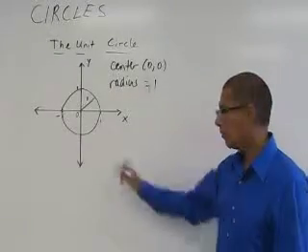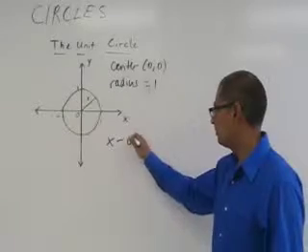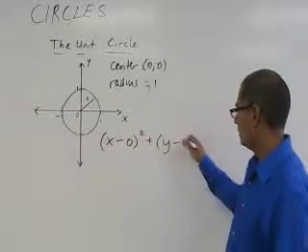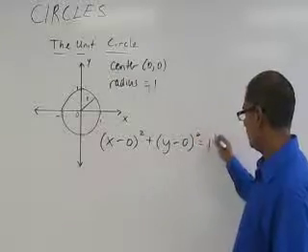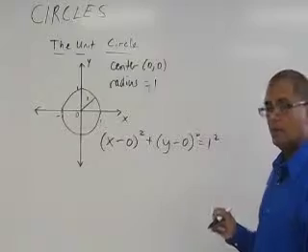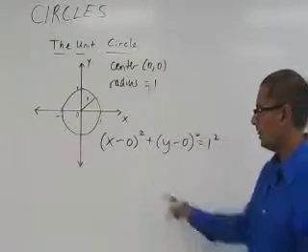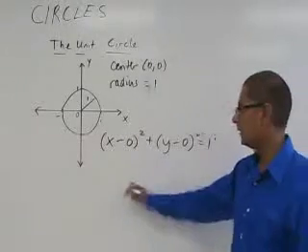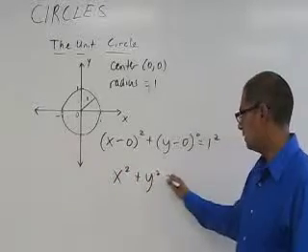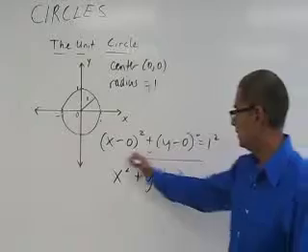Well, according to our formula, it's going to be (x minus 0) squared plus (y minus 0) squared equals 1 squared. (x minus h) squared plus (y minus k) squared equals r squared. And you just simplify that because 0, we're not taking away anything. So this leaves me with x squared plus y squared equals 1 squared, which is 1.